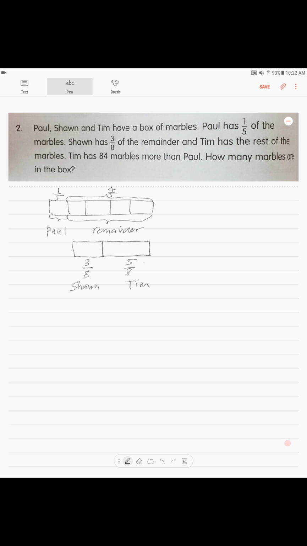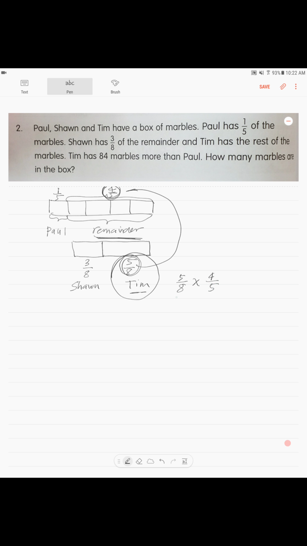So Tim has 5/8 of the remainder, of this 4 over 5. So we can find Tim as a total. Basically, we can find everyone as a total. We find this fraction of this remainder. So Tim had 5 over 8, his fraction of the remainder.